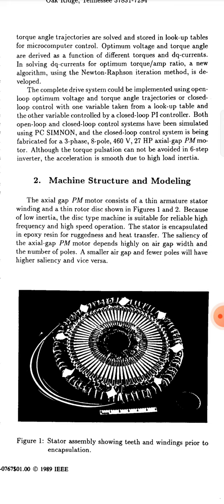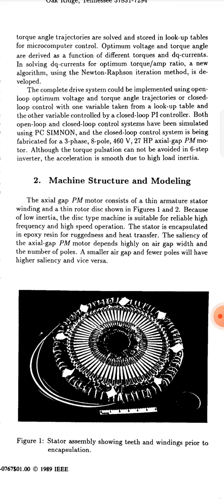The other variable is controlled by closed loop PI control. The open loop and closed loop were simulated using PCE Simon, and the closed loop control system is fabricated for a 3-phase, 8 pole, 460 volt, 27 HP axial PM motor. Although torque pulsation cannot be avoided in a 6-step inverter, operation is smooth due to high load inertia.